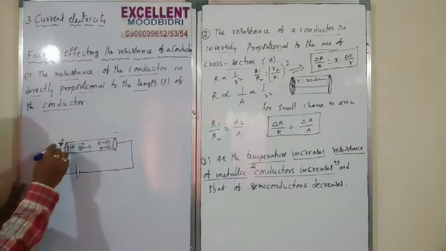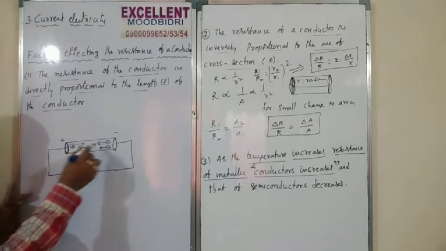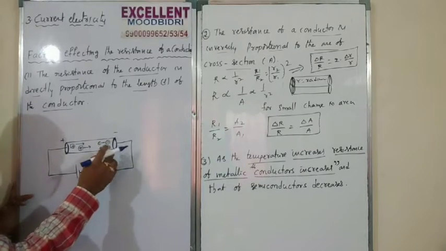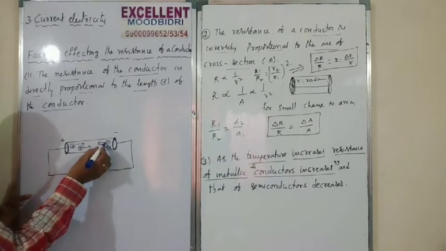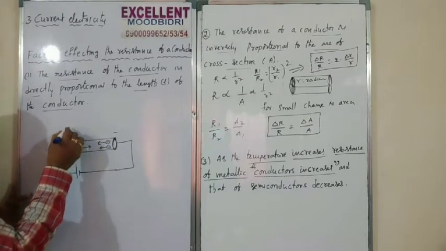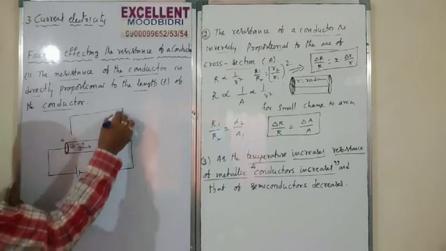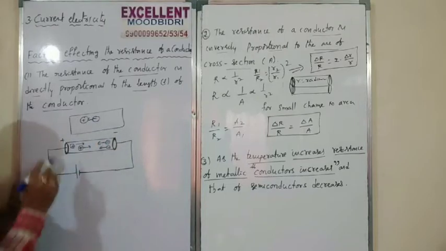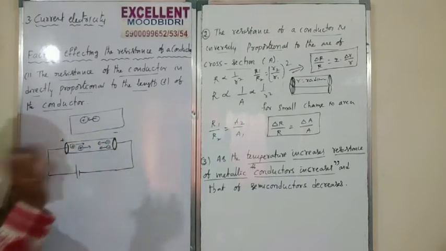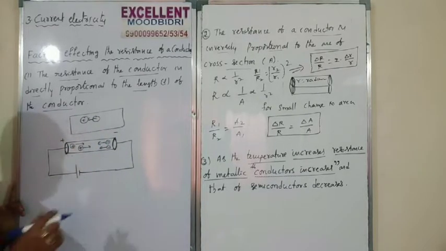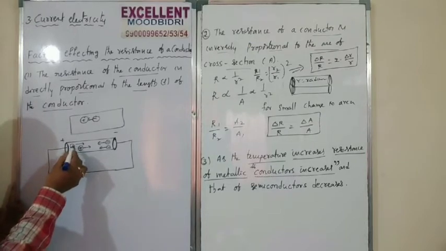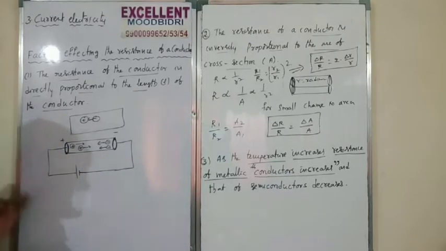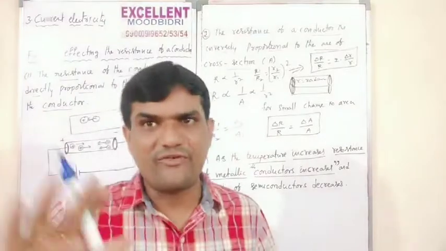So temperature is at a normal condition. In that case, what happened? It can move in this direction. This is the positive ion and this is the negative ion, so they collide with each other. It will take some relaxation time also. Here the vibration will be less. Remember, the most important word is vibration.